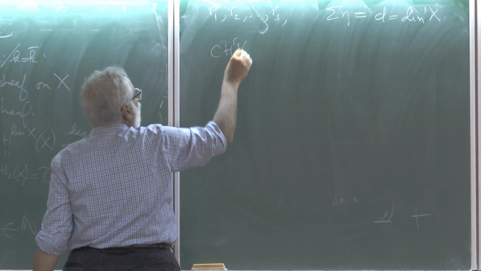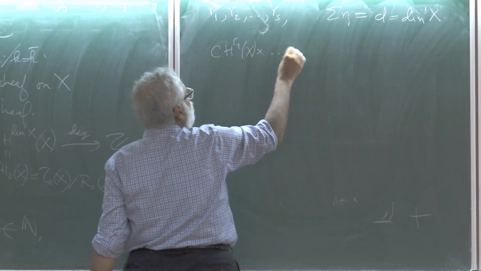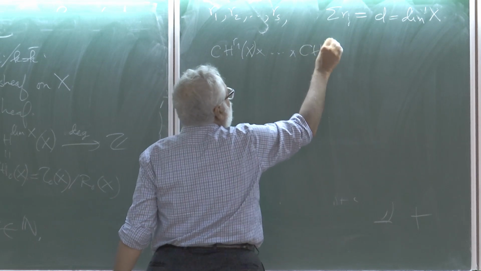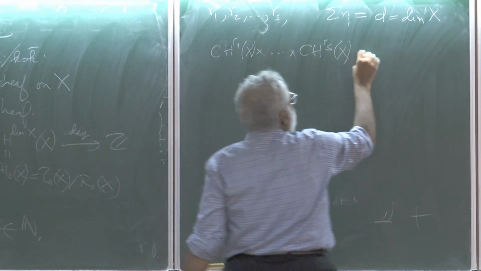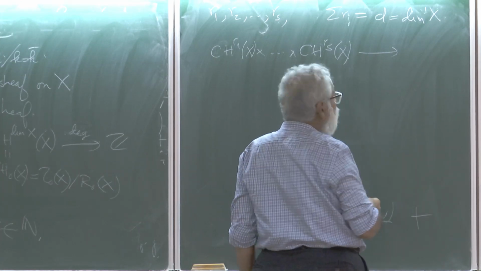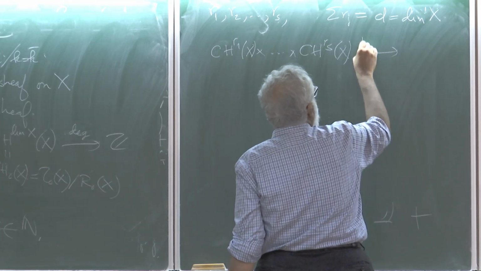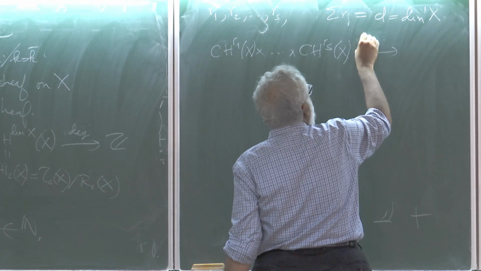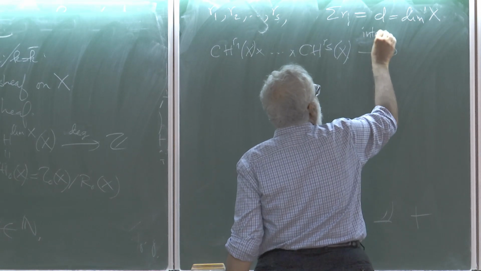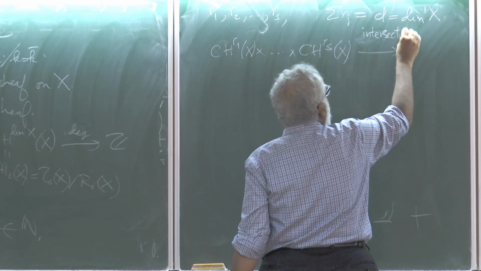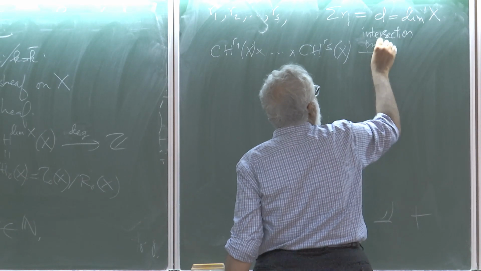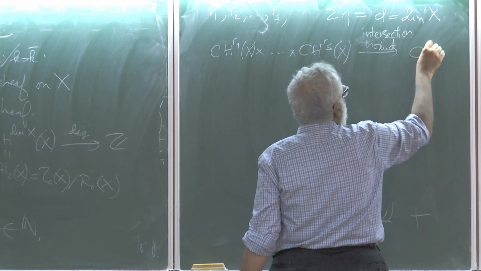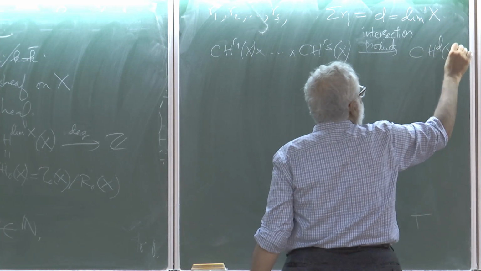If I look at Chow r1 of X cross up to Chow rs of X, I can use the product structure in the Chow ring, so let me say the intersection product, which will go to Chow d of X, where d is the dimension.